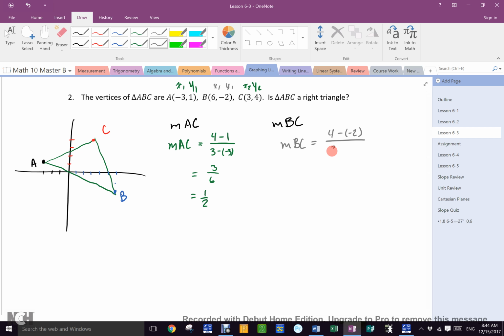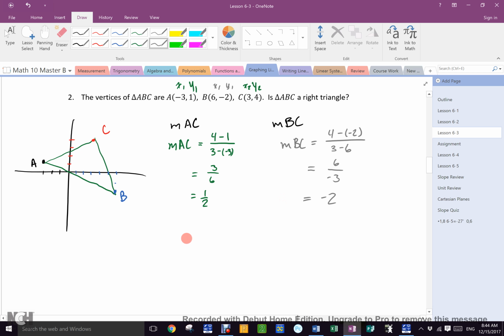Right? Okay. What's 4 minus -2? 6. What's 3 minus 6? -3. 6 divided by -3 is? -2. Are they perpendicular? So is it a right angle triangle?